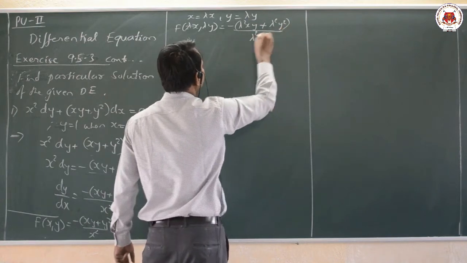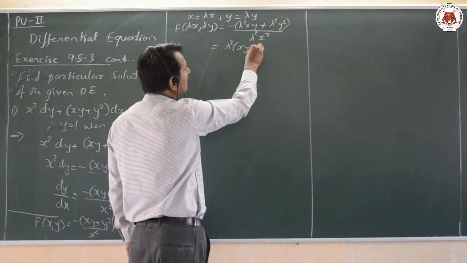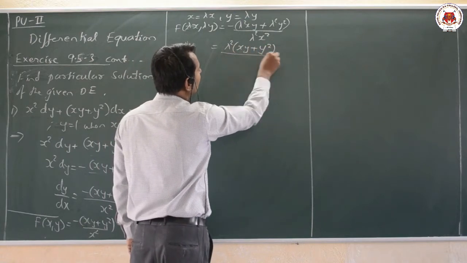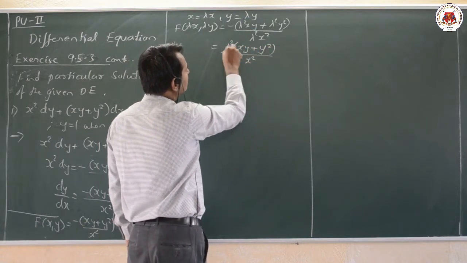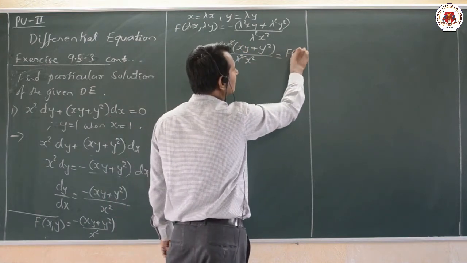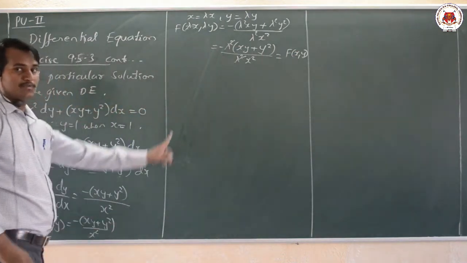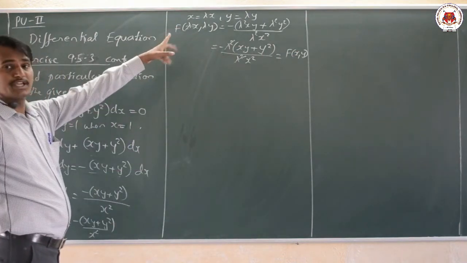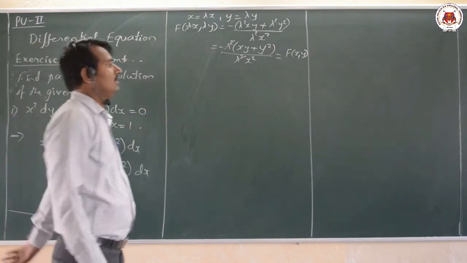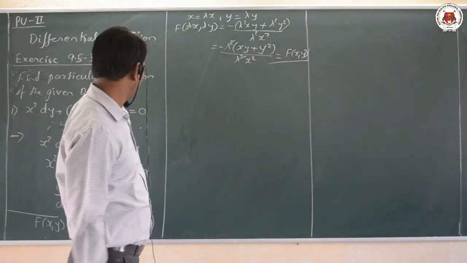Now if you take lambda square common, what we get, minus of xy plus y square whole divided by lambda square into x square, here lambda square gets eliminated, and that in turn is nothing but our f of x comma y, after substituting x equal to lambda x and y is equal to lambda y here. That is the first observation.